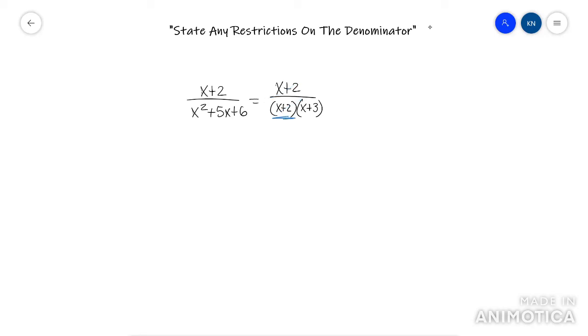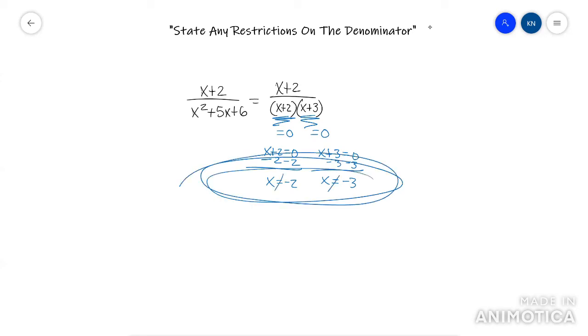Well, before you cancel or simplify, take each of these and set them both equal to 0 and solve. And you're getting like x equals, but it's really what it cannot equal. So these would be the restrictions there.